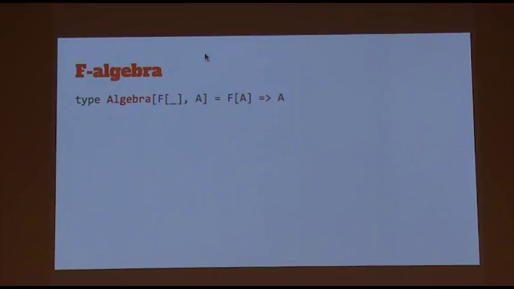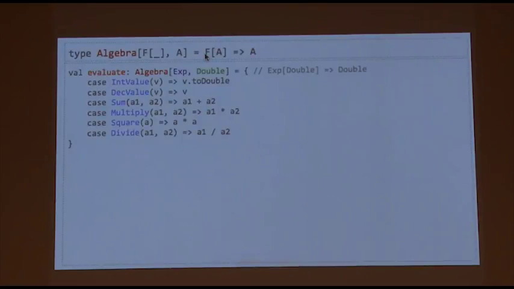To put that in an example, let's try to write our evaluate function right now. It's going to be an algebra of expression to double. As I said, this is just a function that goes from expression of double to double. And now we have removed recursion totally from our definition, right?